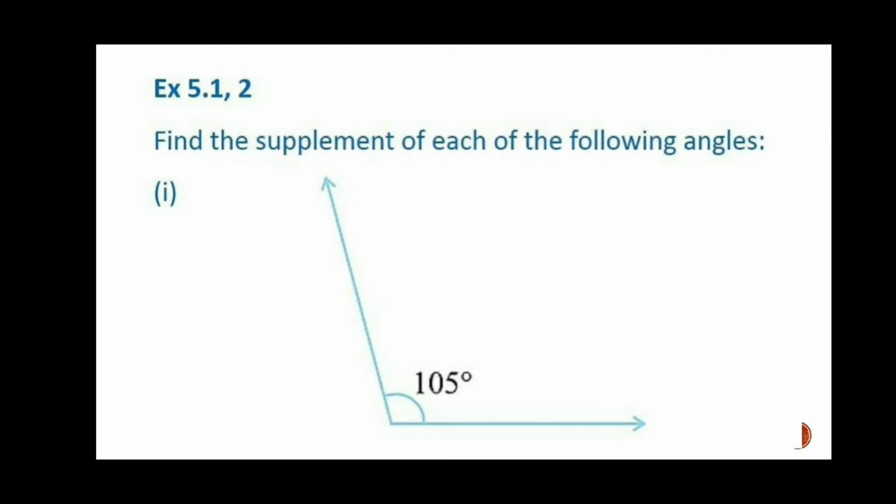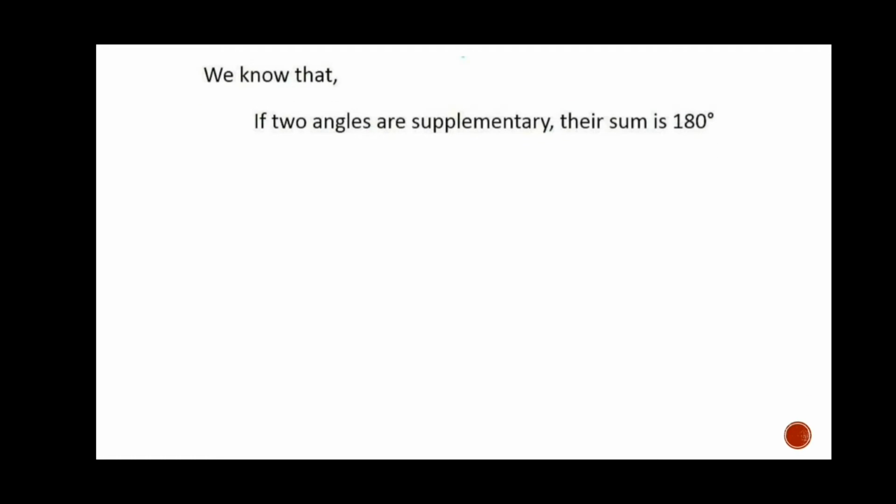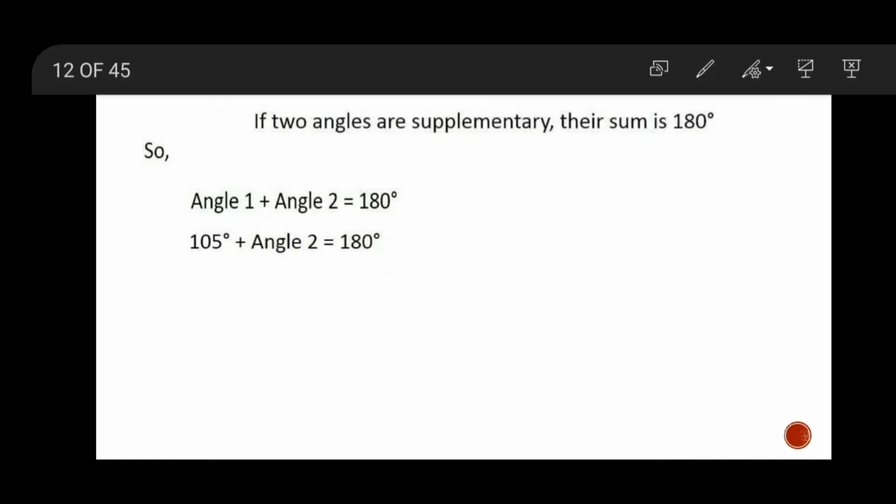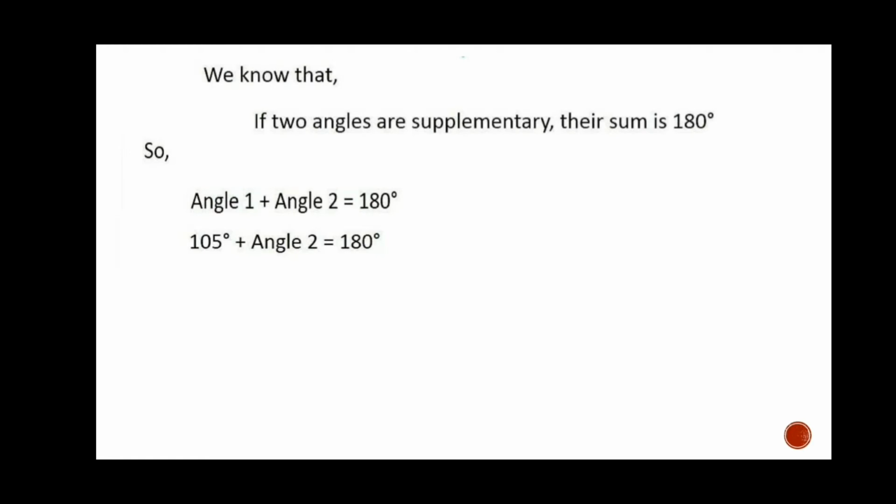Now question number 2 is find the supplement of each of the following angles. As we have found the complement, now we will find the supplement. And we know that if two angles are supplementary, their sum is equal to 180 degree. So angle 1 plus angle 2 will be equal to 180 degree. Angle 1 is given 105 degree. So we will place the value.